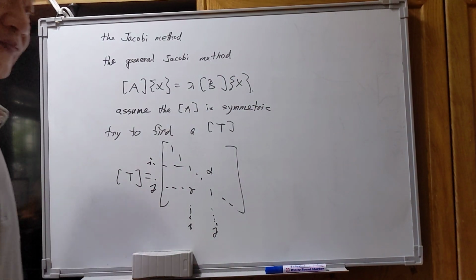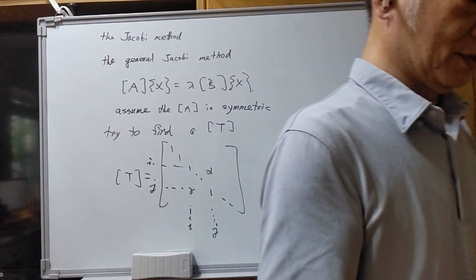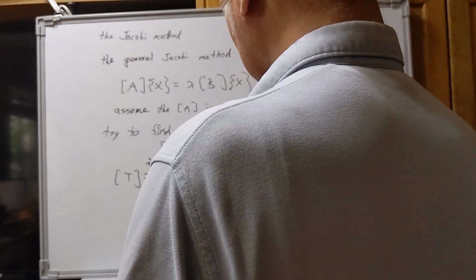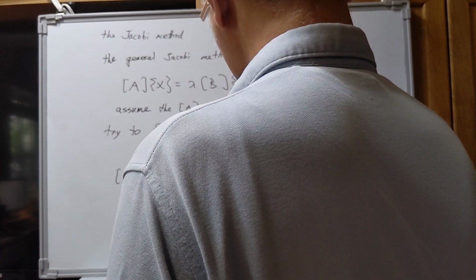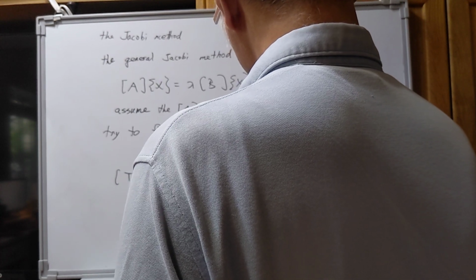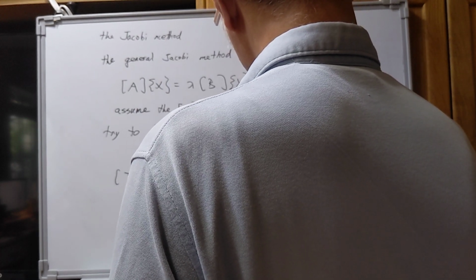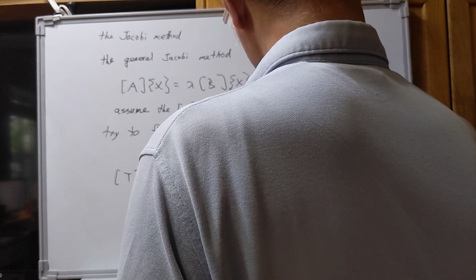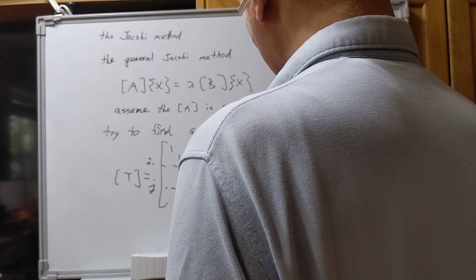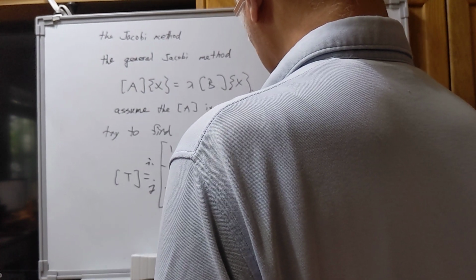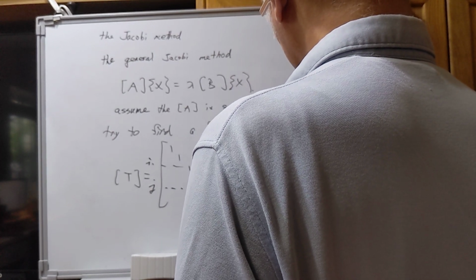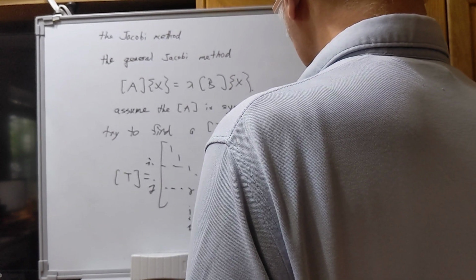Okay, so that's the T matrix, and the purpose of the T matrix is that we would like to make Aij equal to 0 and Bij equal to 0.